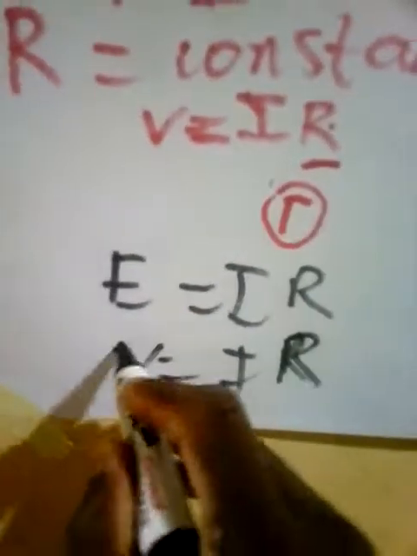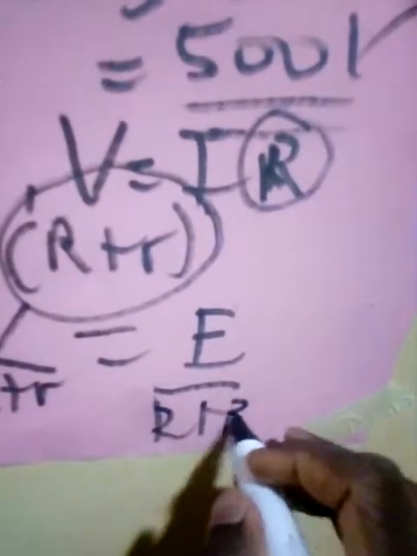All things being equal, I can still put this as E over R plus r. It's still valid. So this and this are the same thing, but I just put the E for specification purposes. Okay, that's for that, and thank you.